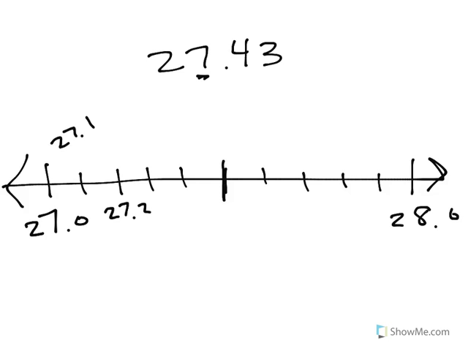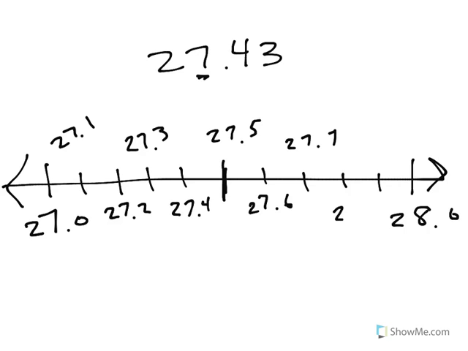I like to make this one a little bit bigger so I know that I'm at my halfway mark. 27 and 3 tenths, 27 and 4 tenths, 27 and 5 tenths, which is the halfway mark, 27 and 6 tenths, 27 and 7 tenths, 27 and 8 tenths, and then 27 and 9 tenths, because remember, if you had one more tenth, then you're going to have another whole. It's going to be 28.